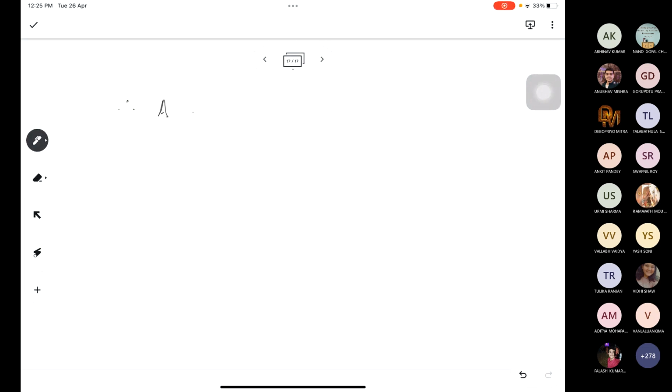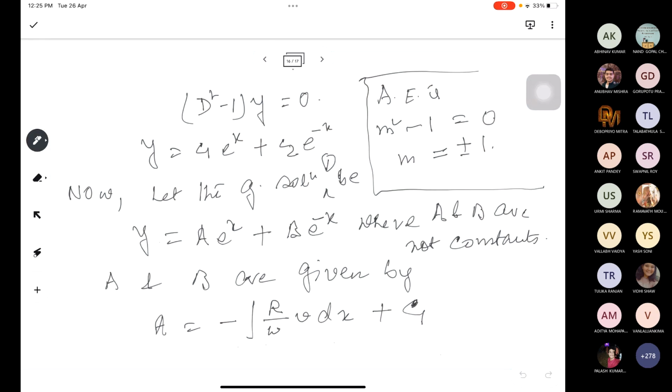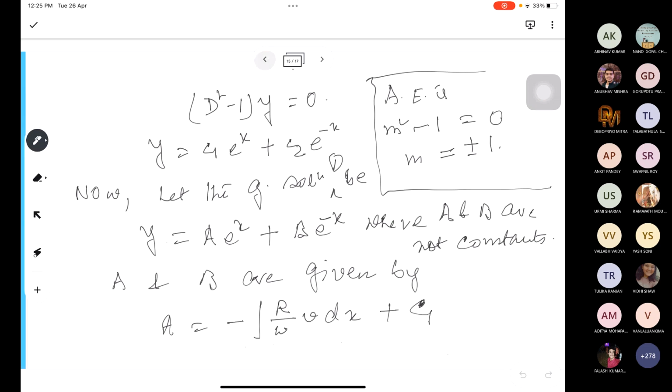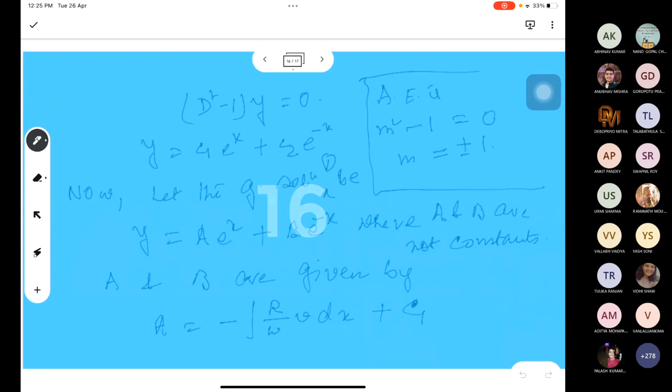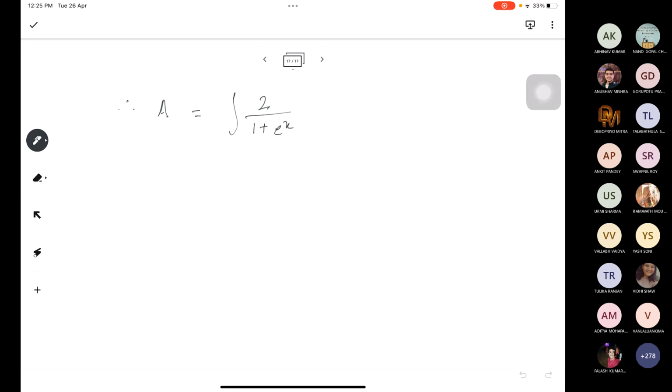Therefore A is equal to the integral, divided by W, where W is minus 2, so this will be 1 into v, that is e to the power of minus x dx divided by 1 plus e to the power of x.